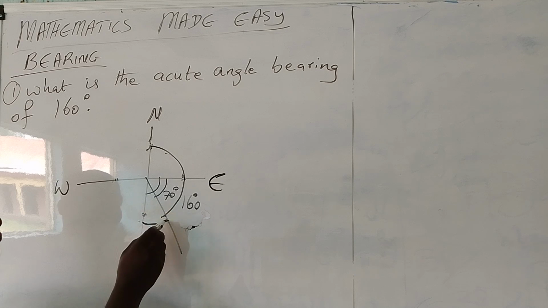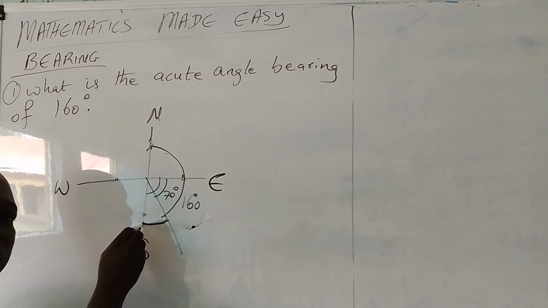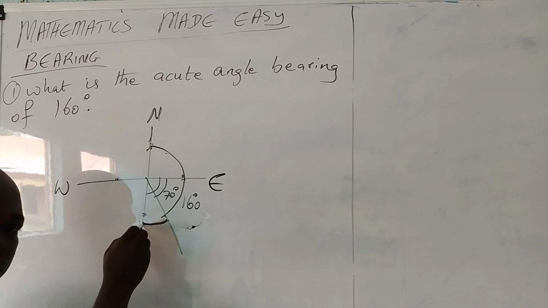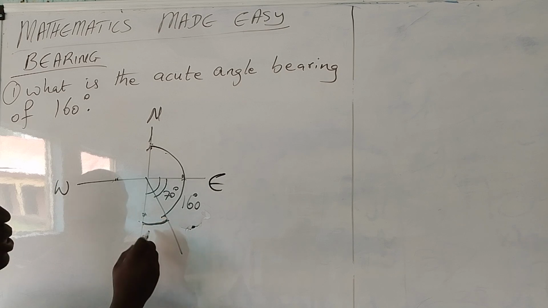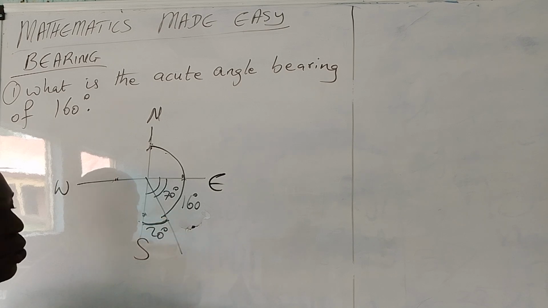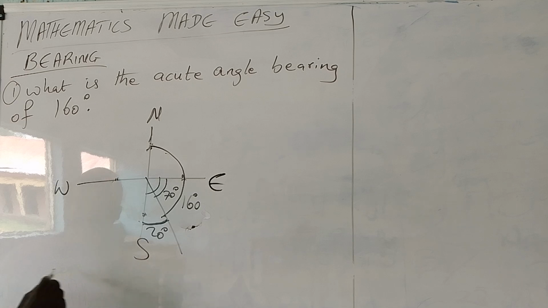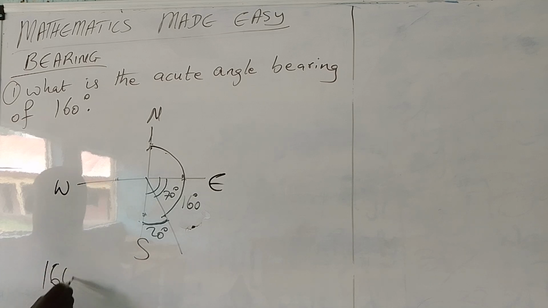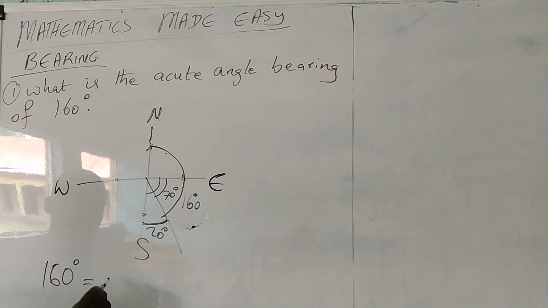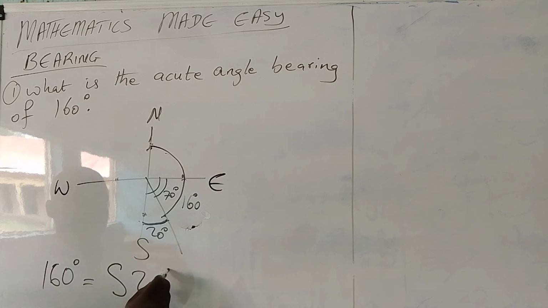So for you to find this angle here alone is 90 minus 70, and 90 minus 70 is 20 degrees. So we are talking about that 160 degrees on a normal compass bearing is equal to 20 degrees southeast, which means we call south 20 degrees east.